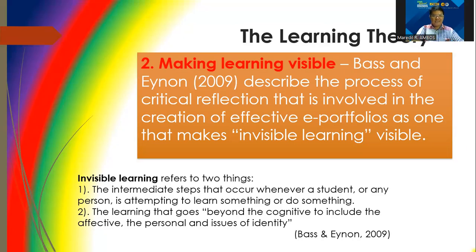The first is the intermediate steps that occur whenever a student or any person is attempting to learn something or to do something. The second one is, of course, the learning that goes beyond the cognitive to include the affective, the personal, and issues of identity.